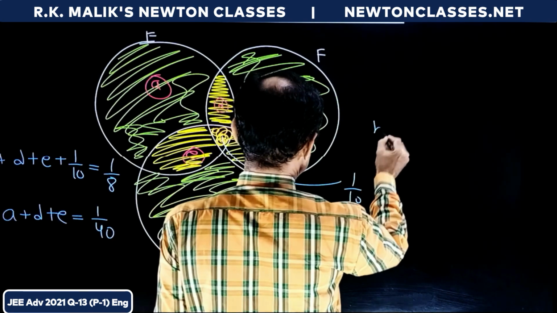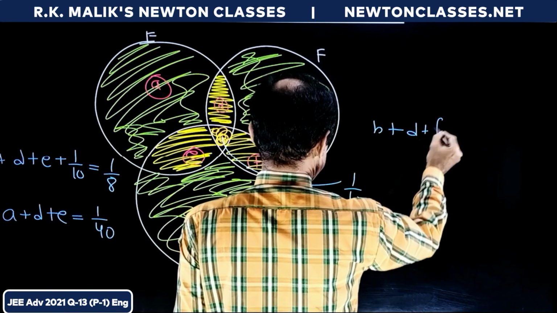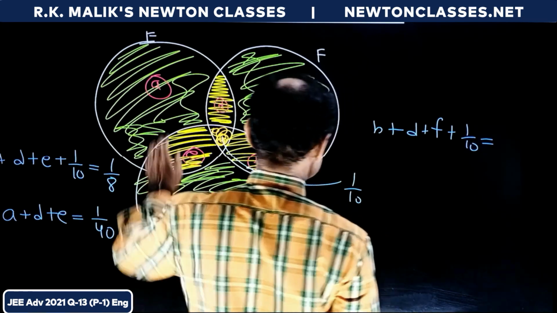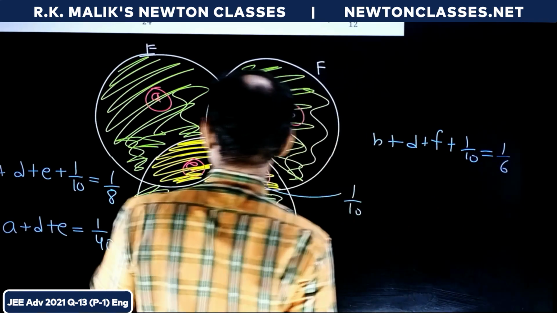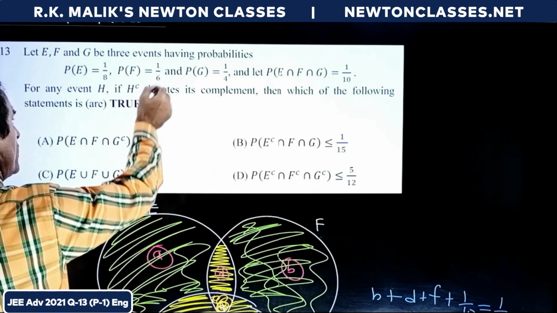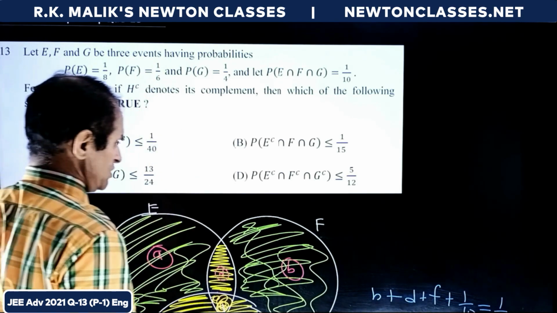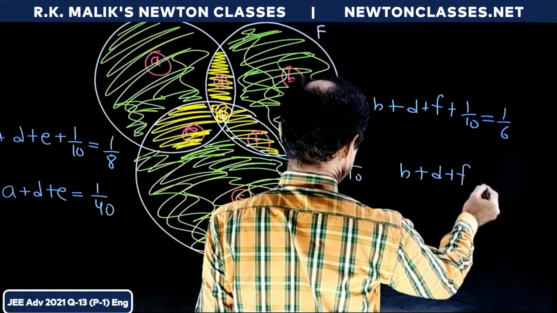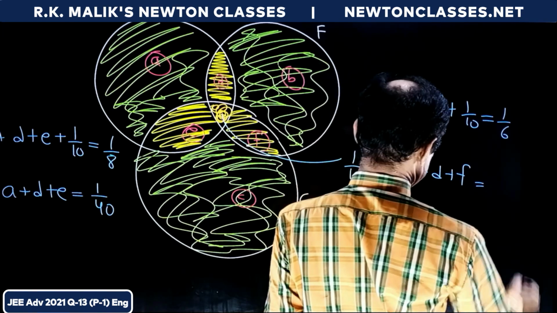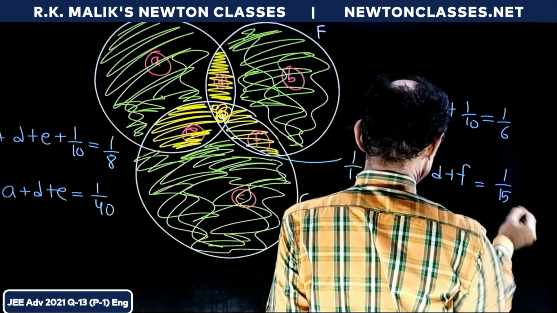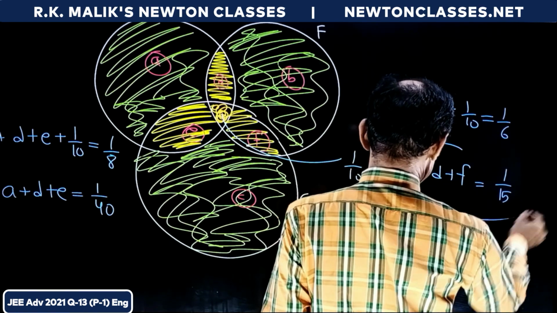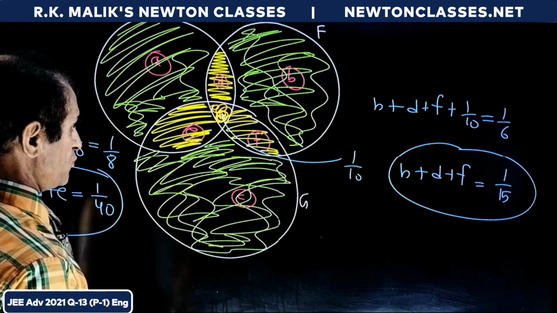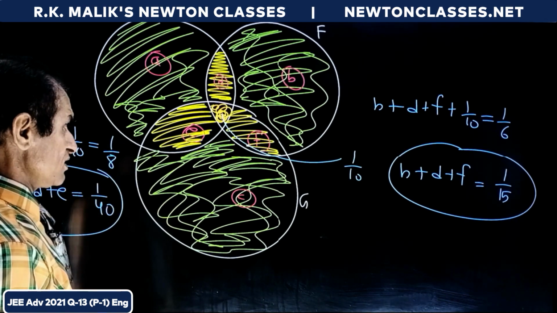Similarly, B plus D plus F plus 1 by 10 is equal to 1 by 6. From here I have got this conclusion, that is, I can say B plus D plus F is equal to 1 by 15. This relation and these two relations we have obtained so far.